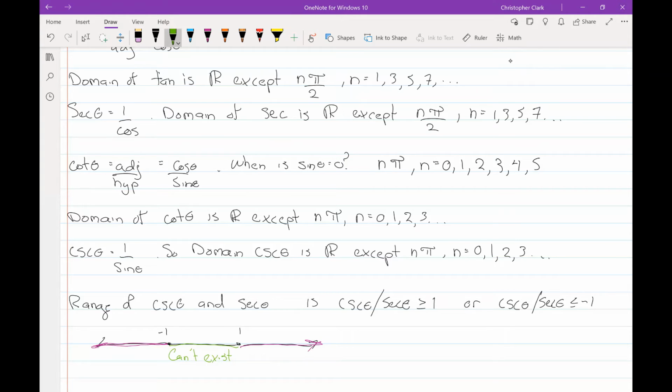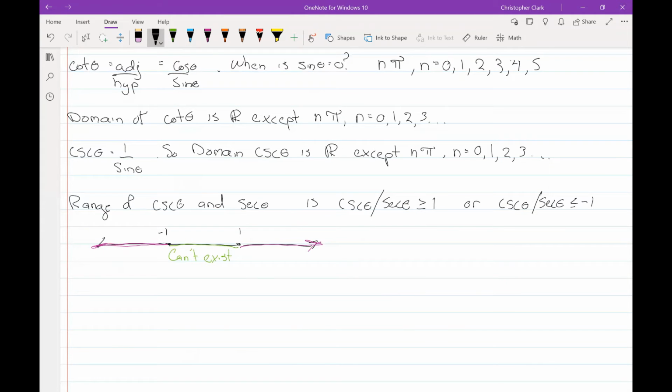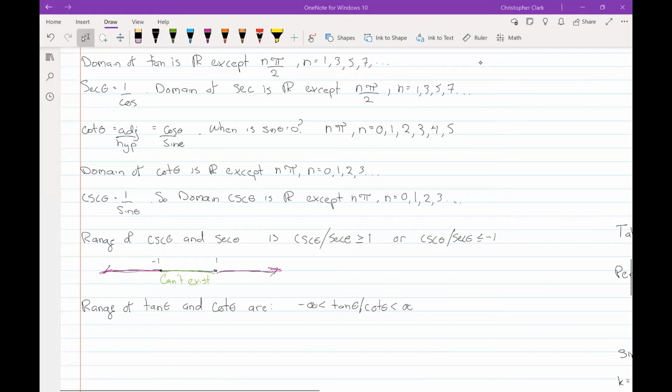So at this point, we've done the range and the domain of all of the functions except the tangent and cotangent. We have yet to actually do the range. And the range of the tangent and cotangent are a little bit different. So the range of tangent theta and cotangent theta, let's think about this.